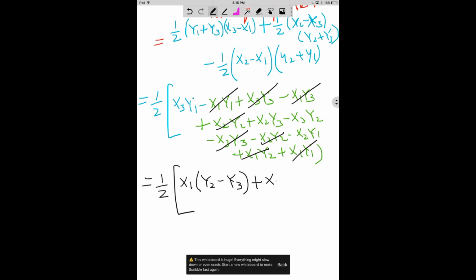Then plus x2, take x2 as common factor, x2 into y3 minus y1. Then plus x3, take x3 as common factor, x3 into y1 minus y2.